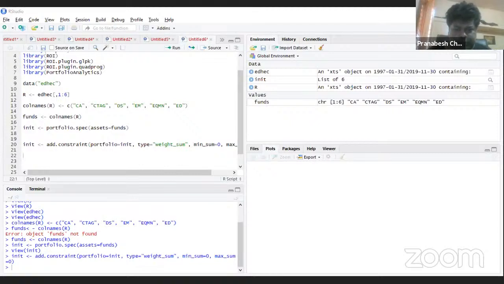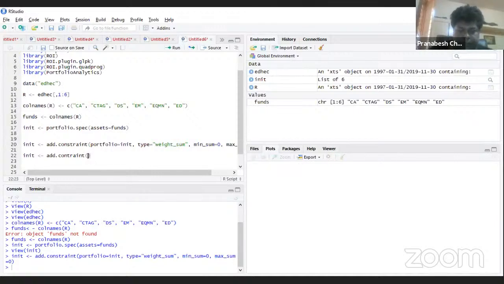Let's talk about another type of constraint, which is called the group constraint. Now let's see what the group constraint basically means.